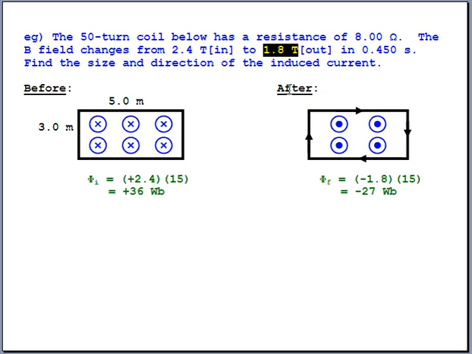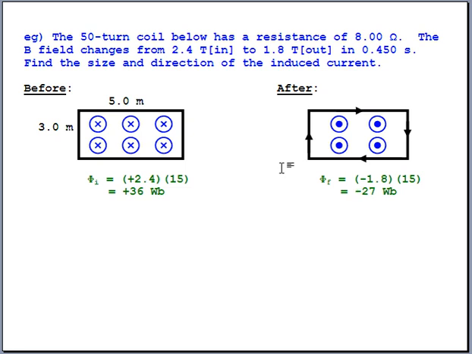It's a slightly smaller magnetic field, still 15 units of area, and I get 27 Webers, but there's a catch. It's not in the same direction. Personally, just personal choice, I'm using some pluses and minuses to really highlight that for myself. As long as you understand that those 36 Webers at the beginning were one way, and the 27 Webers in the end are a completely different direction, like you've done a U-turn, we're okay, right?